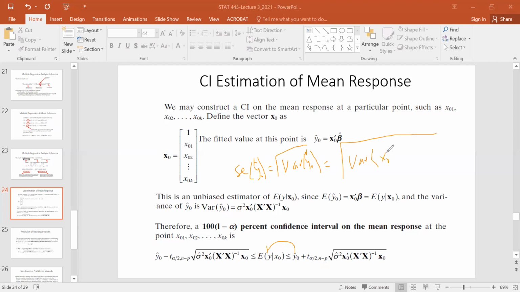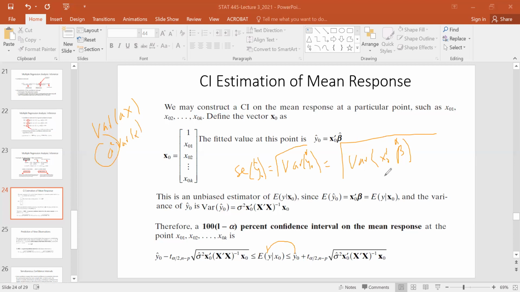Variance of x0 prime beta hat. Remember, in matrices or in the elementary, I keep showing you this: variance of a constant times x is the constant squared times the variance of x. But we cannot be doing the square of a matrix, so you write it in a nice way.